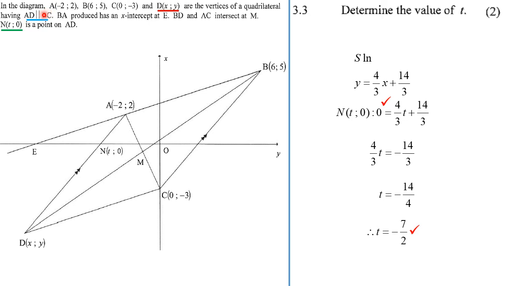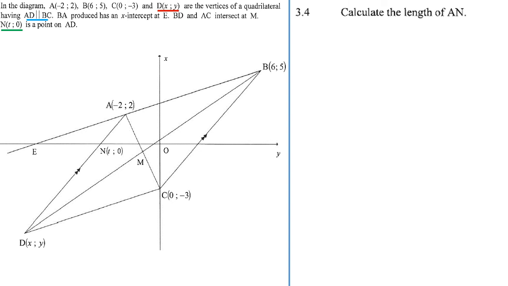We've already used this in our solution in 3.2. We have already used this one in 3.3. We are left with a question related to d and d with coordinates x and y. Okay, let's go on. That is how you get your 2 marks.